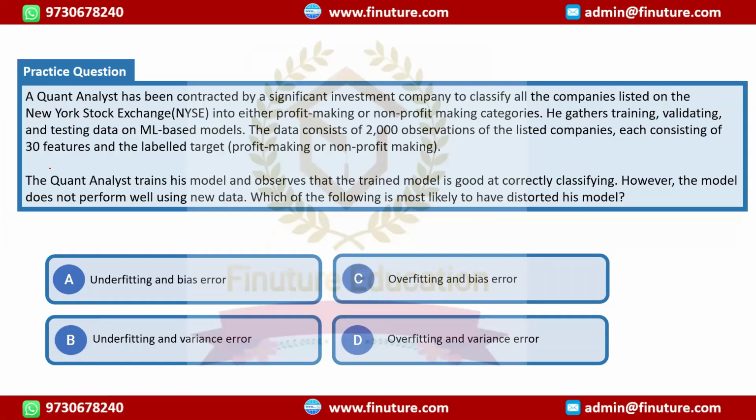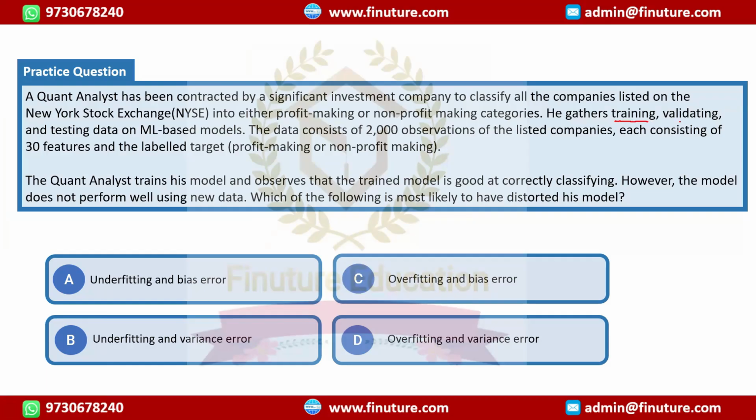So there is a quant analyst who has been contracted by a significant investment company to classify all the companies listed on the New York Stock Exchange into either profit making or loss making categories. He gathers training and validating data. So basically, three important terms.